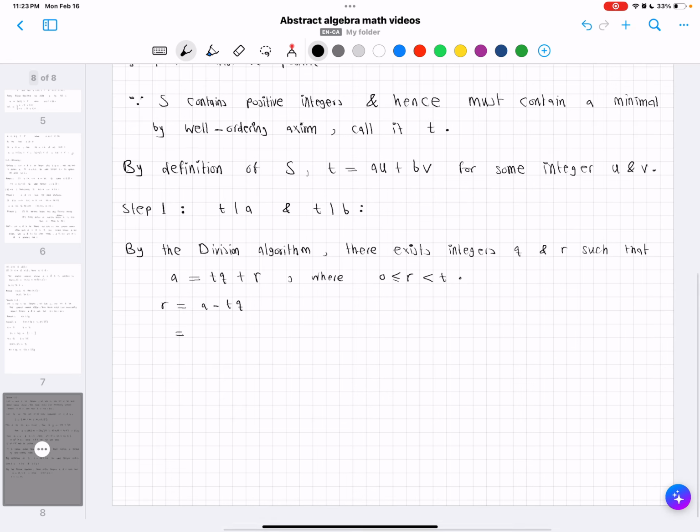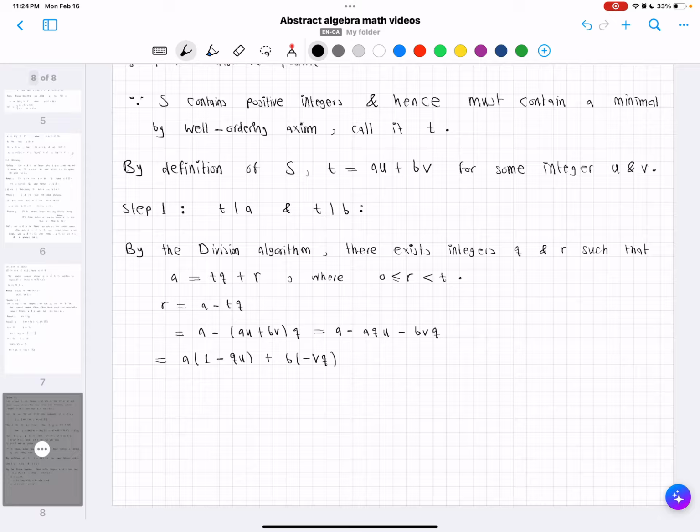We can express T as a linear combination of a and b, so au plus bv times q, which gives a minus aqu minus bvq. So we can write that as a multiplied by 1 minus qu plus b multiplied by minus vq.